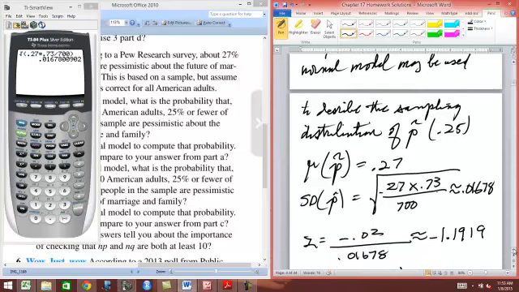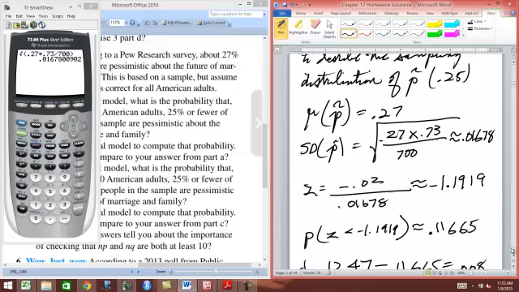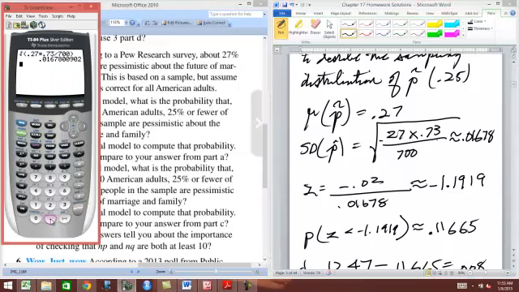Okay, now the z-score is again going to be negative 0.02 divided by that standard deviation. So I get negative 0.02 divided by the standard deviation, which I just calculated. Okay, so there's my z-score.